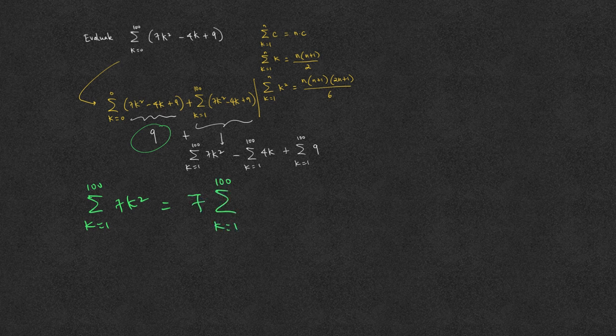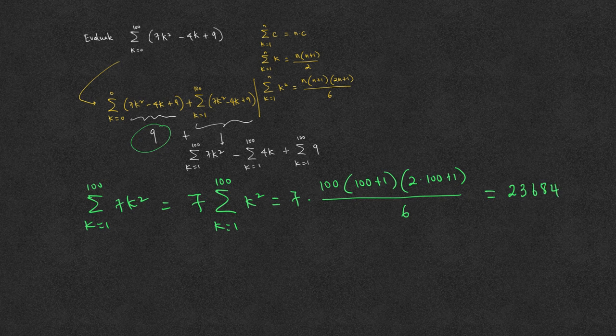The sum for k equals 1 to 100 of k squared is 7 times the sum of the first 100 integer squares, which is n, but n in this case is 100, times n plus 1, 100 plus 1, times 2n plus 1 over 6. And if we evaluate this, we will get 2,368,450.